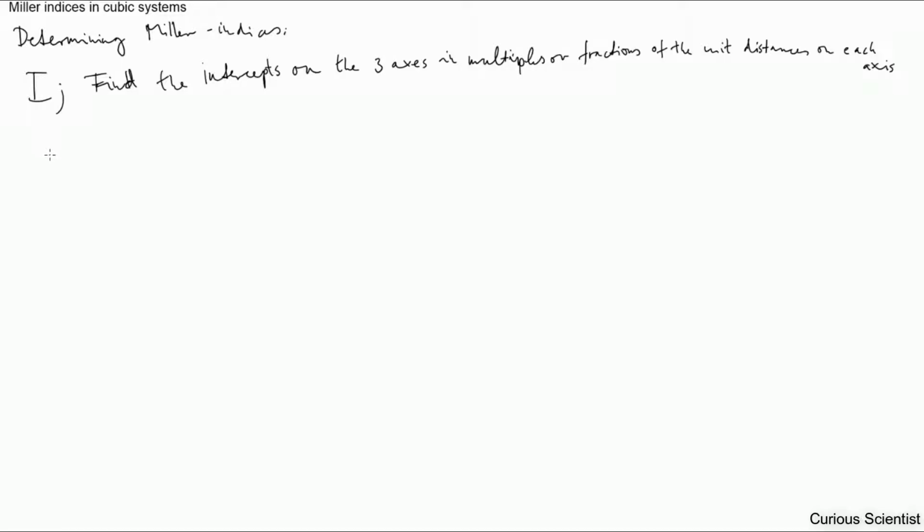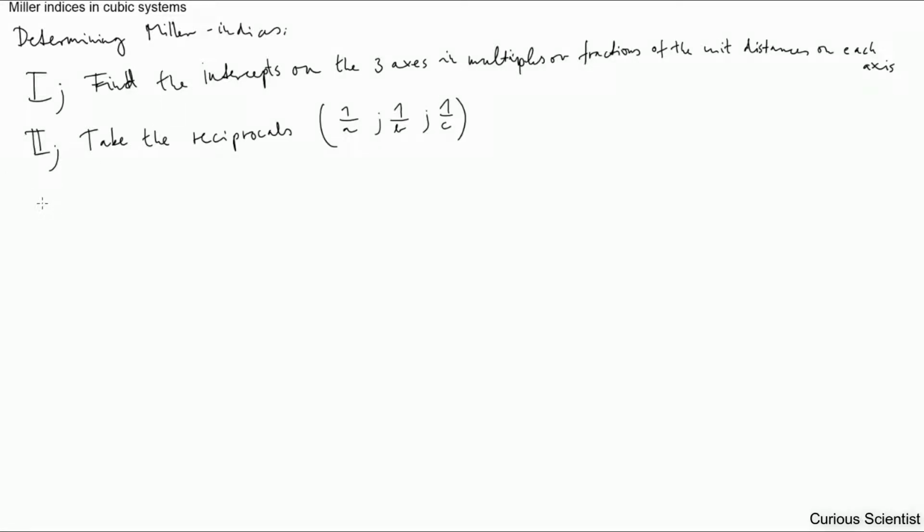We have to take the reciprocals of these. So something like 1 over A, 1 over B, 1 over C, where A, B, C are the vectors for the unit cell, so the unit vectors.